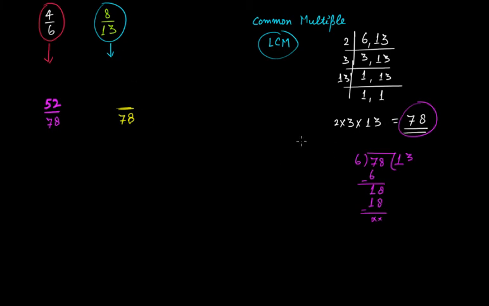If you divide 78 by 13, you'll get 6 as the quotient. That is, you have to multiply the numerator and the denominator by 6 in order to make an equivalent fraction of this 8 by 13 having 78 as the denominator. So you multiply 13 by 6, you will get 78. You multiply 8 by 6, you will get 48.